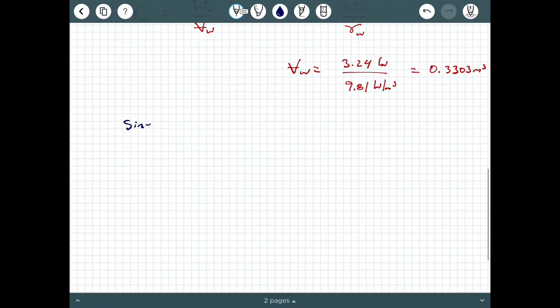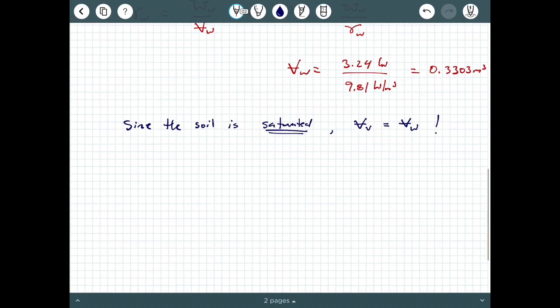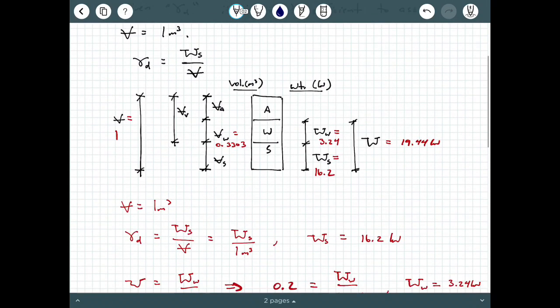Since the soil is saturated, then the volume of voids is the same as what? The volume of water, okay? So in our phase diagram, the volume of air is equal to what? 0, okay? Volume of air is 0 since all the voids are filled with water. That's what the word saturated means, okay?